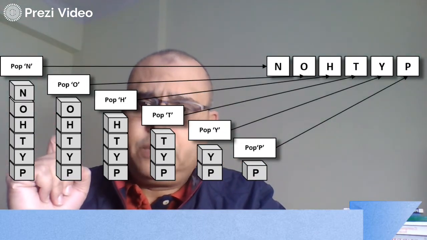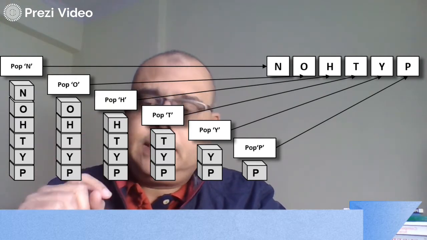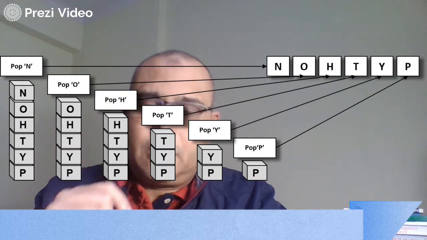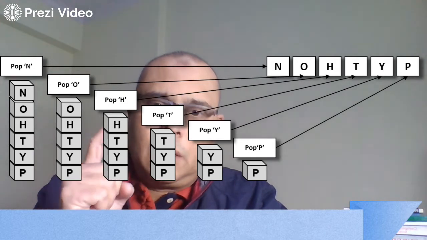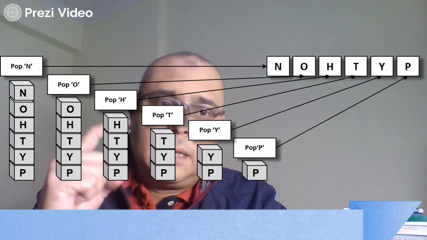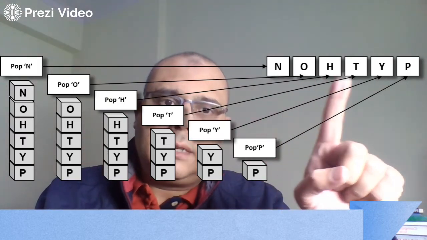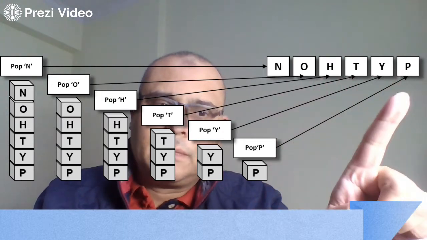Then O is popped, O is sent to the monitor. H is popped, H is sent to the monitor. T is popped, T is sent to the monitor. Y is popped, Y is sent to the monitor, and P is popped, P is sent to the monitor. And as a result, you can see that the string has been reversed.